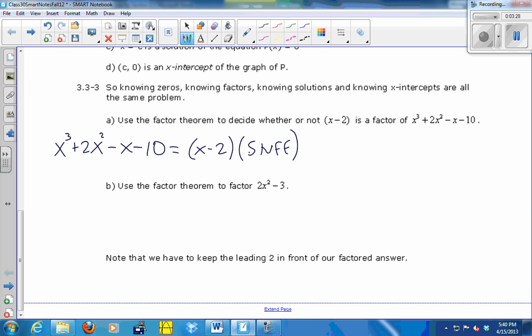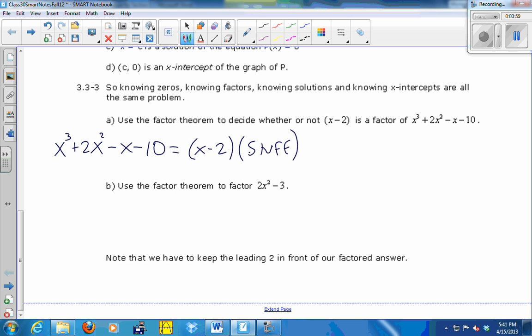So if this were my problem, how would I figure out if I can do that? If x minus 2 were a factor, what would have to be a 0? 2. I can check if 2 is a 0. That's easy. Plug 2 in and see if it equals 0.